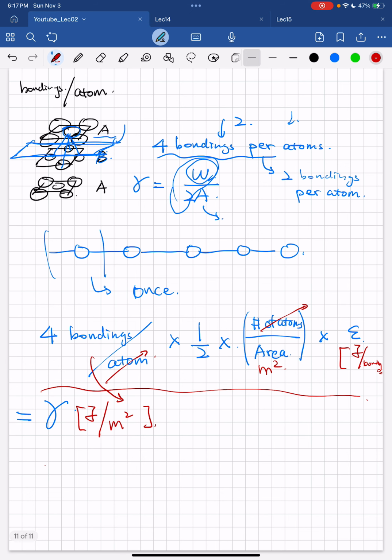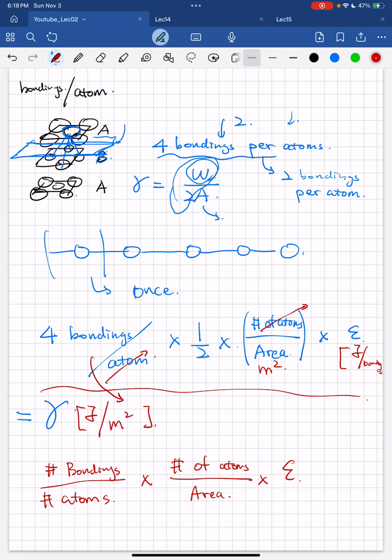Number of bondings per atom, times number of atoms per area, times energy per bonding, times half.